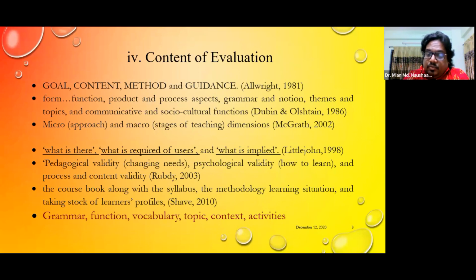So we can say that when we are evaluating a course book, we can look at the linguistic elements like grammar, function, vocab, topic, and non-linguistic elements as well, like context and activities. I mean, what are learners supposed to do with their knowledge of language, and where are those learners situated?